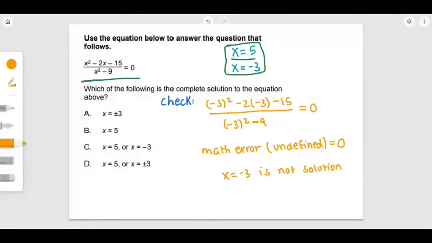So it turns out that x equals 5 is the winner, and it's the only solution for this equation. So the answer choice for this question is B, x equals 5.